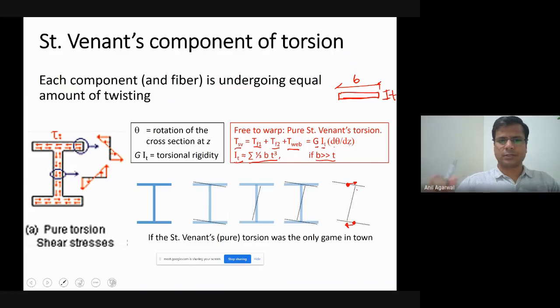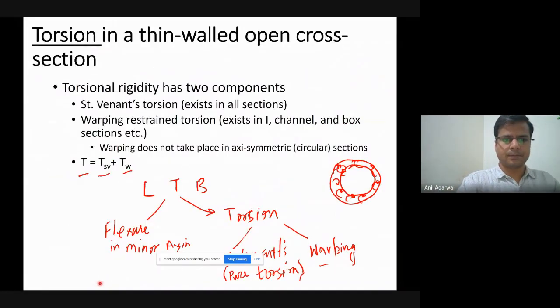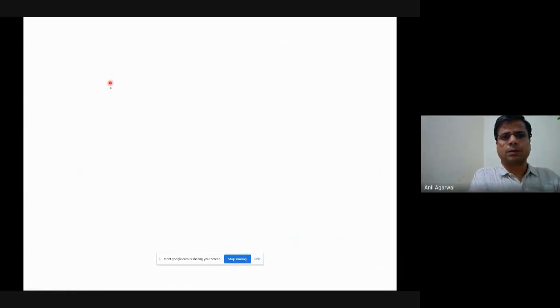Okay, I have to create a screen here. One second. So we had shown this flange, right, which is made of individual fibers, if you can imagine.